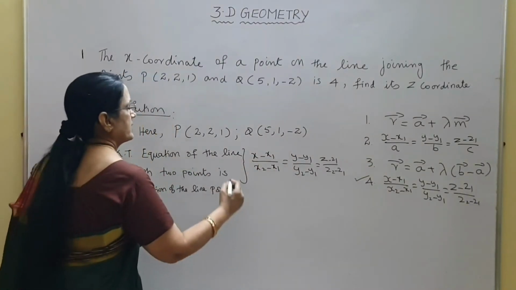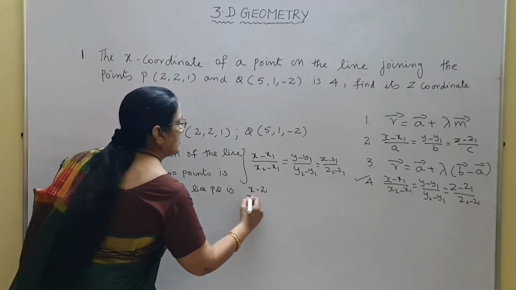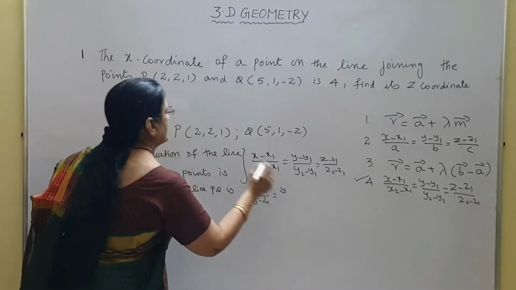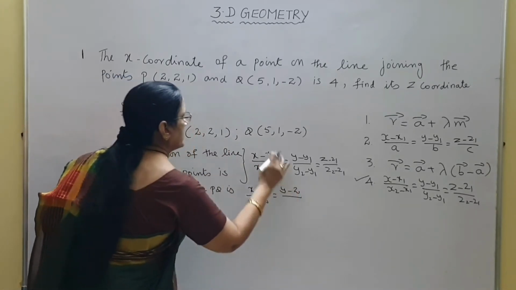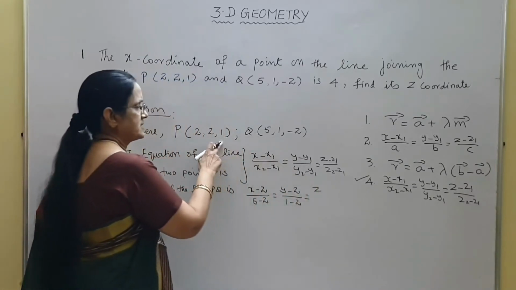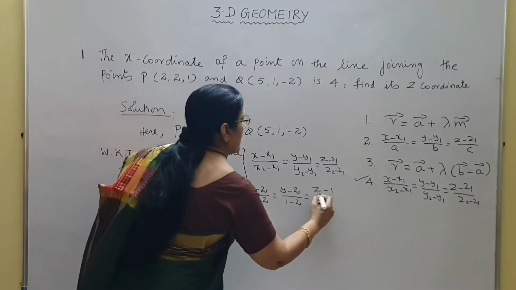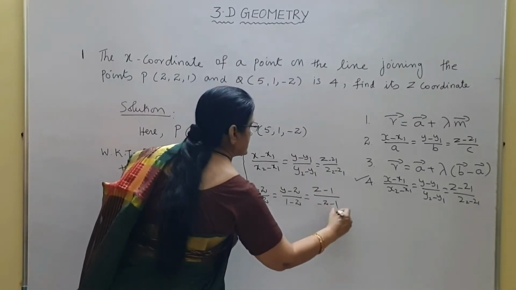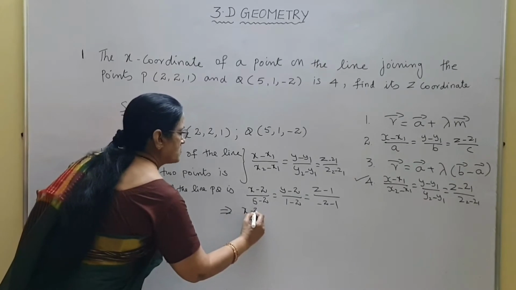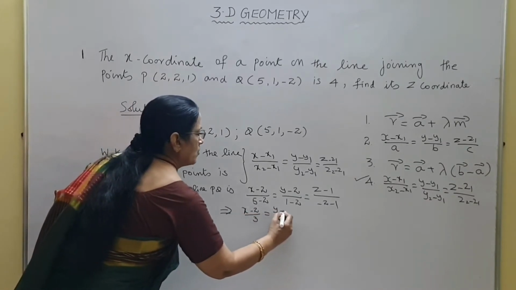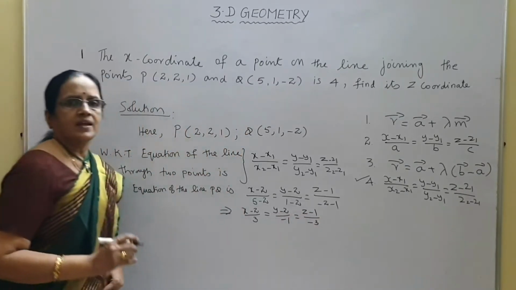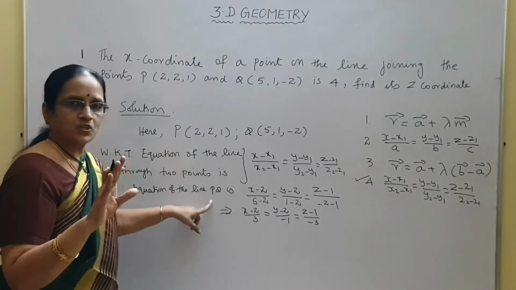So, we will be getting (x - 2)/(5 - 2) = (y - 2)/(1 - 2) = (z - 1)/(z2 - z1). When I simplify, I will be getting (x - 2)/3 = (y - 2)/(-1) = (z - 1)/(-3). Now, I got the equation of the line PQ.